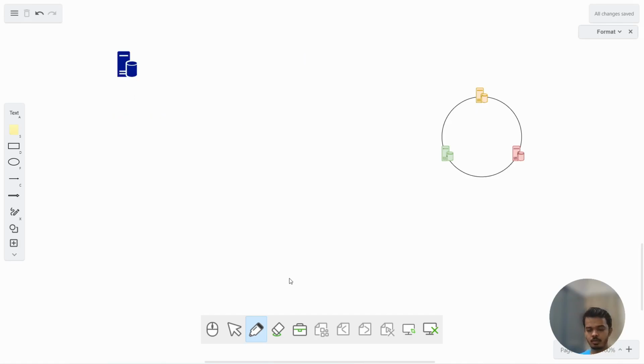Now how do you map a server onto this ring? You can use anything, like the IP of the server or the name of the server. You give either of these as the key to the hash function. Let's say we give the IP. So we have server S0 and its IP is IP0. When you give IP0 to the hash function, it will give some value.